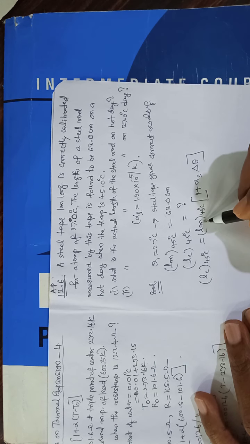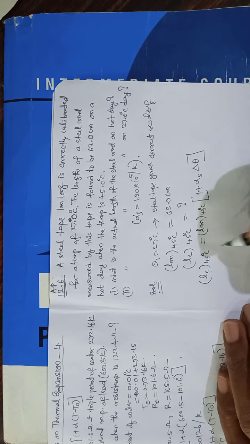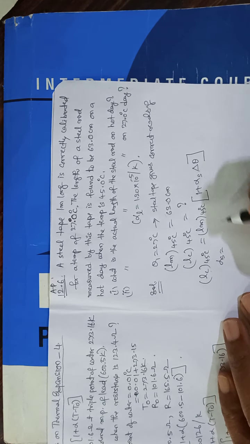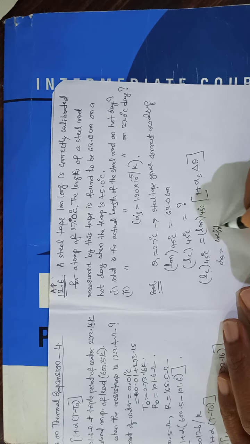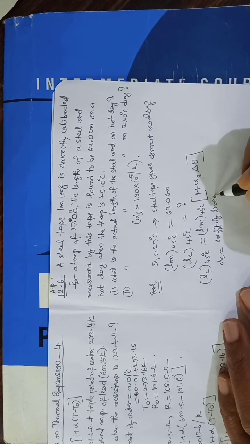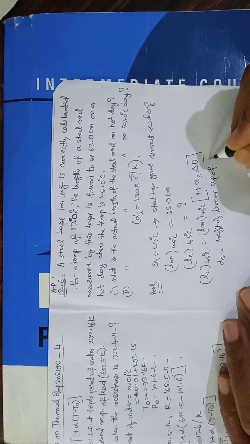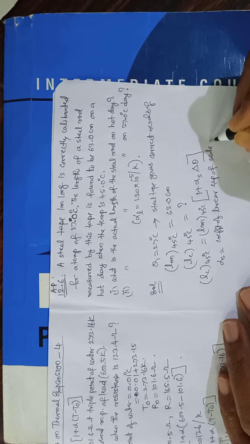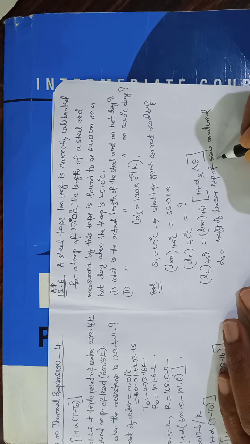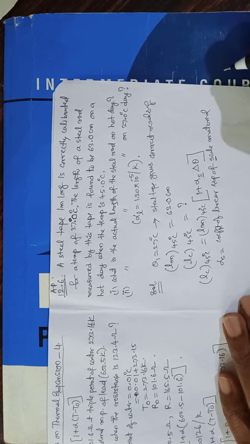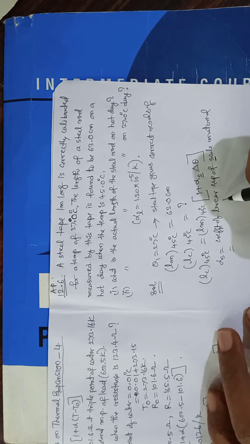LM means measured length, LC means correct length, and alpha S means coefficient of linear expansion of scale material. Here S means scale material, and steel is the scale material.